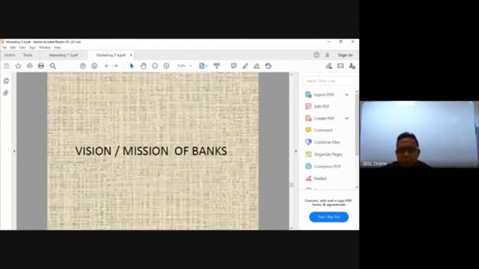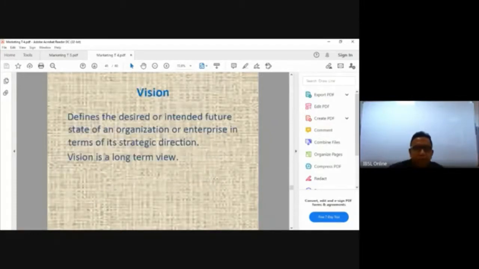And generally, broad objectives are explained to some extent in the vision and mission of banks. Vision of a bank means, vision is about the desired or intended future state of an organization or enterprise in terms of its strategic direction. So it's a long-term view.